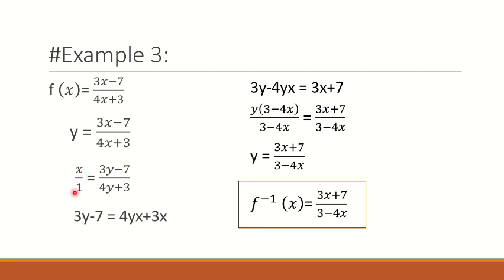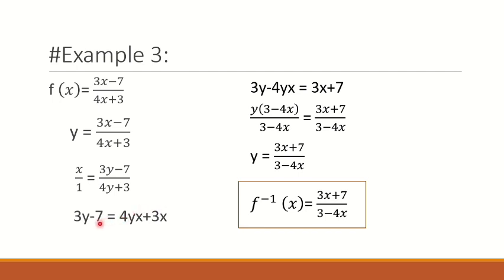And the next step is you need to put a denominator of 1 under x. So x over 1 equals, you need to change the value of x into y, so (3y minus 7) over (4y plus 3).